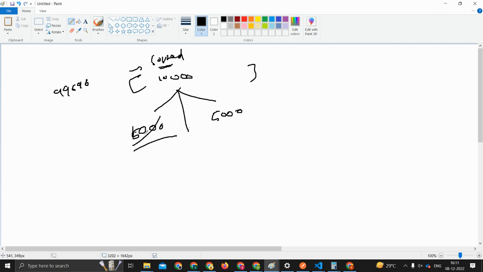Now it's gone. Now this 5,000 splits into 2,500 and 2,500, and this 2,500 is also gone. Only 2,500 is left. This is how the decreasing part comes into the picture. Got the point?